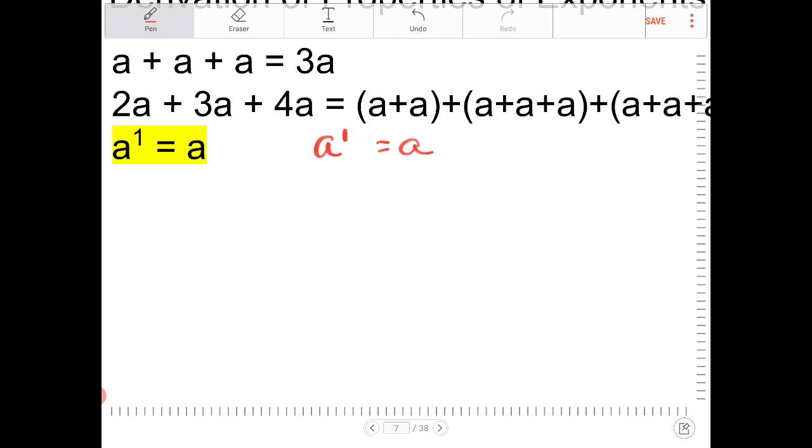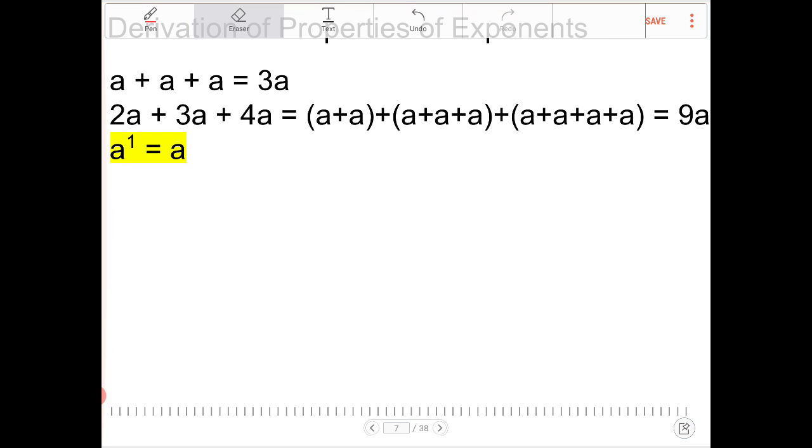Anything to the first power is itself. That's an identity. The same thing could be said about the multiplicative identity, which is 1 times a. We never write 1 times a because it's always implied that this is equal to a. All right, so we're going to use this idea that a to the first is a.